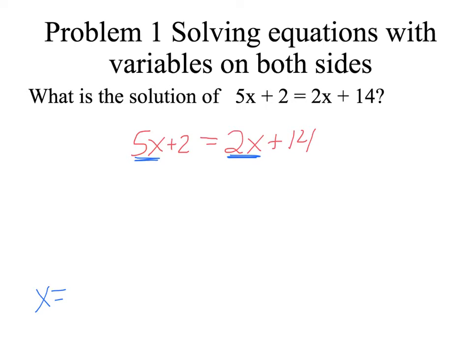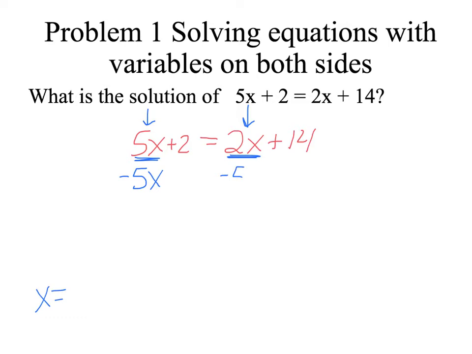Now, I'm going to write one way, and then I'm going to erase it. So don't write this first one down, because this is going to be the harder of the two. Okay, let's say I want my variables to be on this side. Well, if I have 5x over here, in order to get rid of the 5x, I have to subtract 5x from both sides.